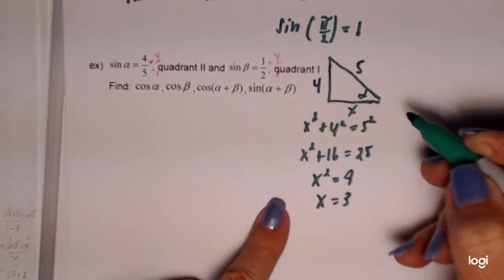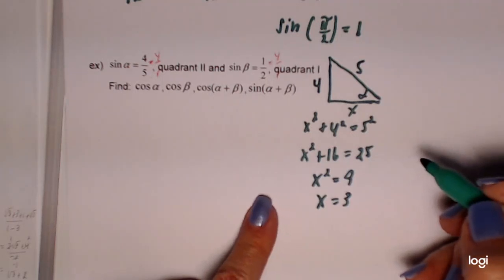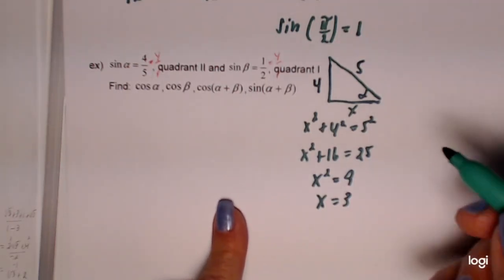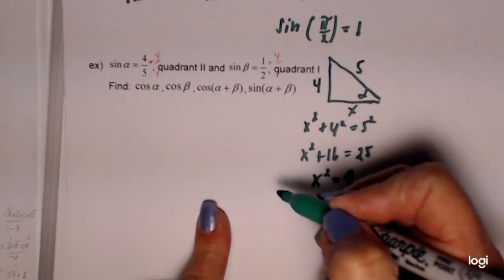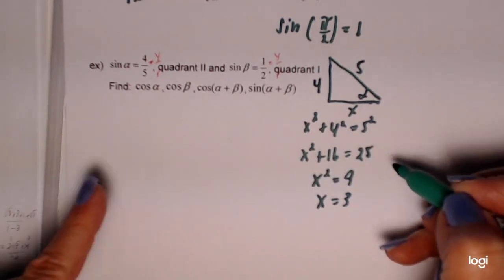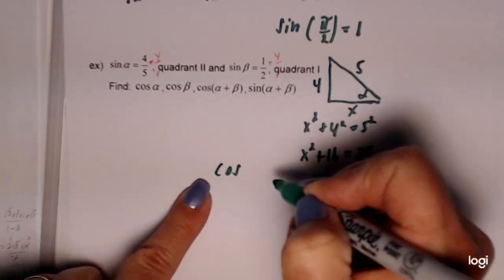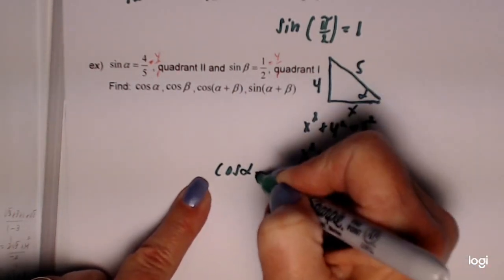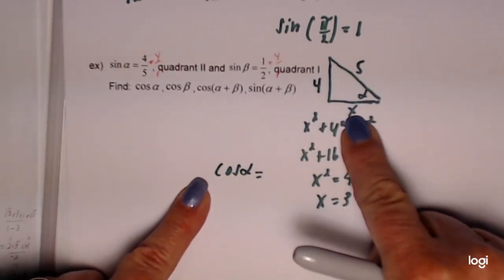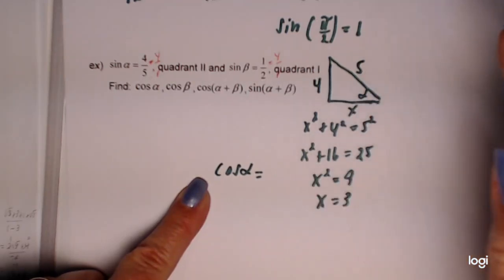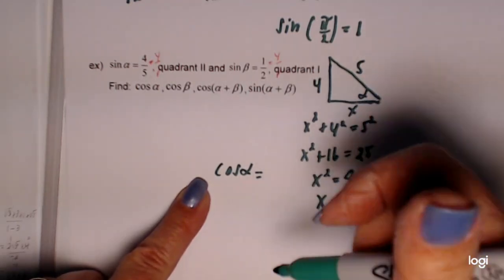And then the cosine of this angle alpha is adjacent over r, and our adjacent x is 3.